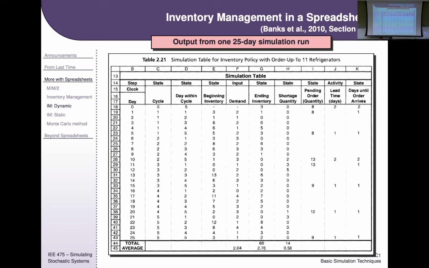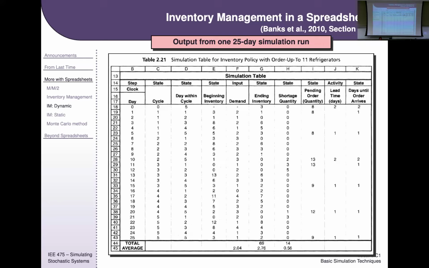So if we look at just a couple of these columns here, then we can see on each day, we know things like what was my beginning inventory that day? What was the demand for refrigerators that day? Based on the demand and the beginning inventory, how many refrigerators did I end with that day? Did I sell some? But I may not have been able to sell all of them.